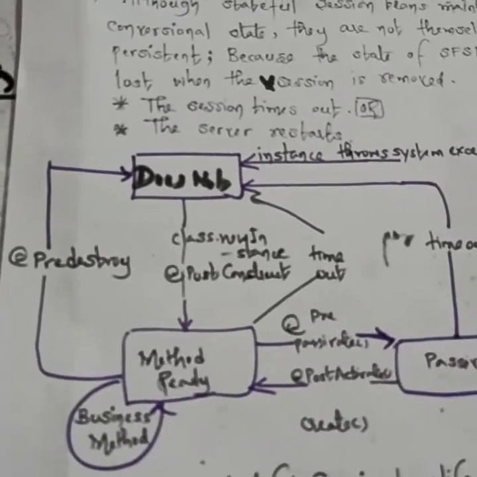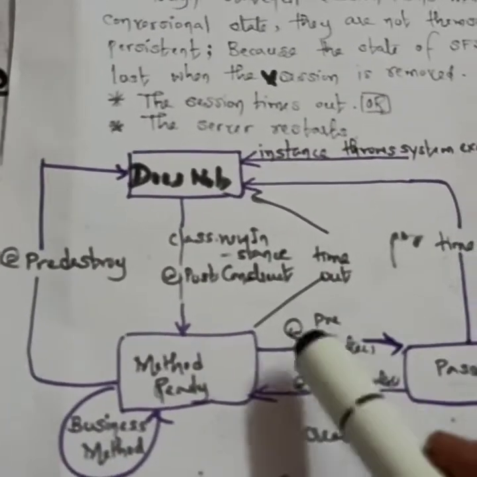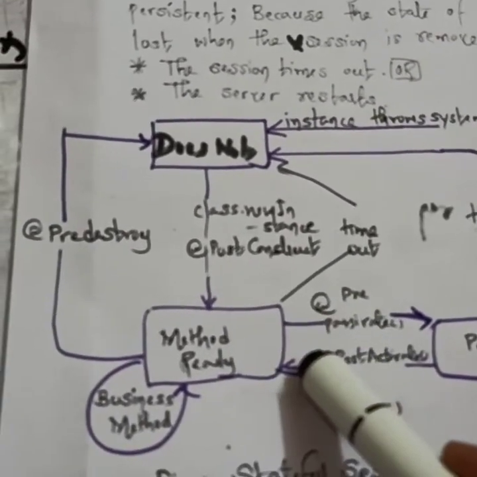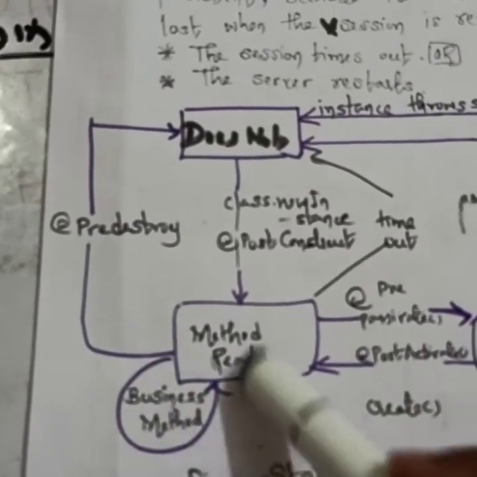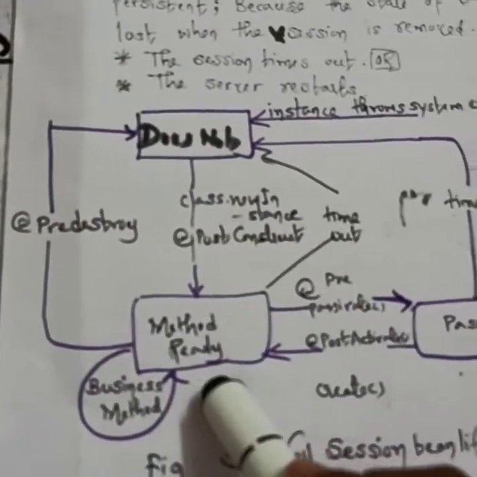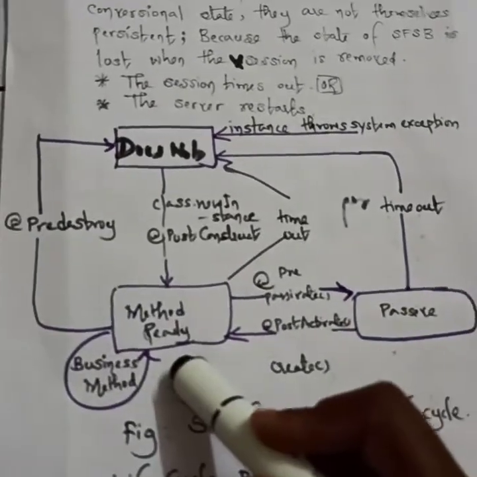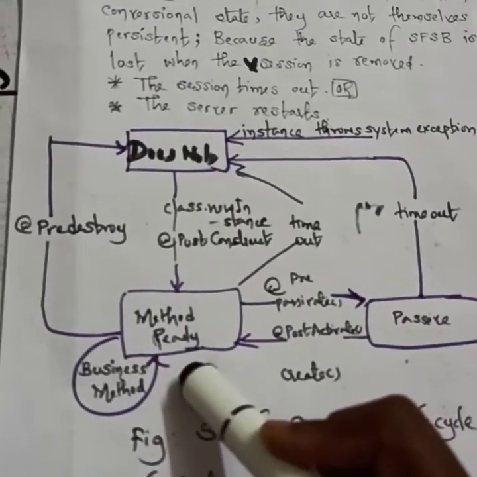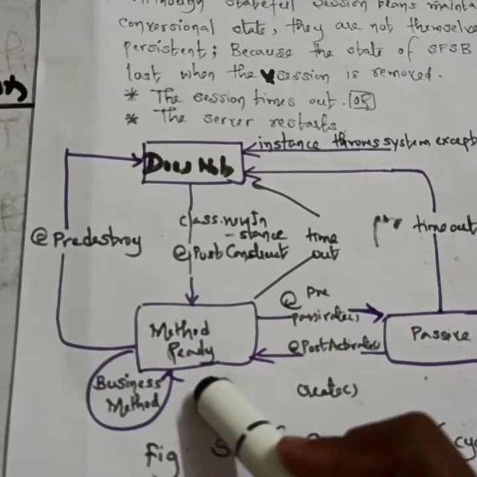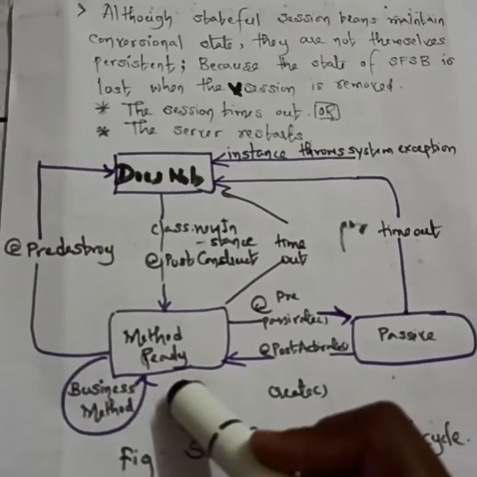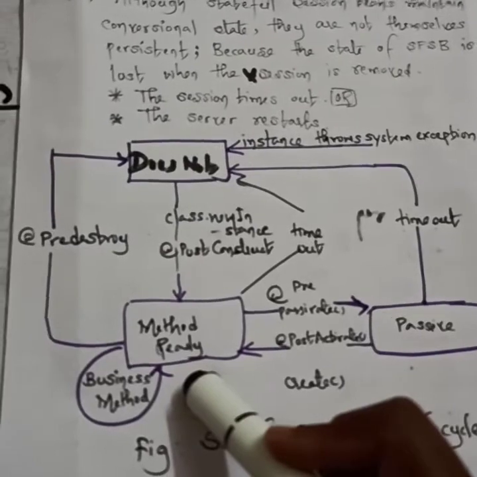When the stateful session bean is in a method ready state, it will invoke different business methods, depending on the specification of the application. For example, consider an online shop. The business methods will be adding an item to the cart and purchase.